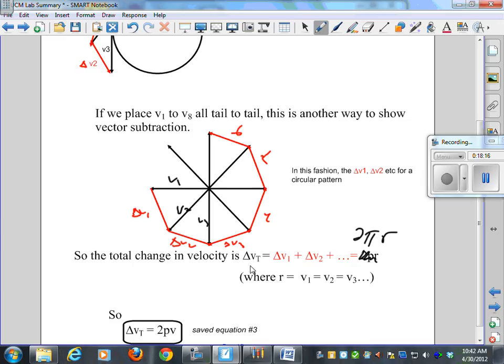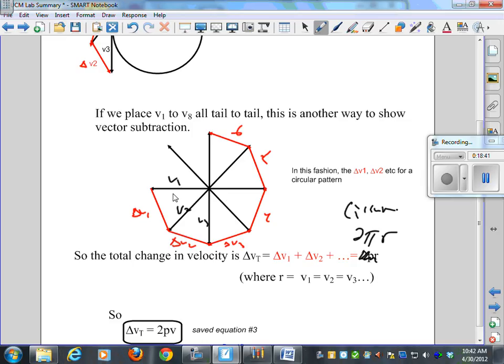The total change in velocity, delta VT, is the sum of all the red ones, delta V1 plus delta V2, and so on. They make a circle, right? And because they go around, this is a circumference, and the formula for circumference is 2 pi r. What is the radius of this sort of pinwheel circle?